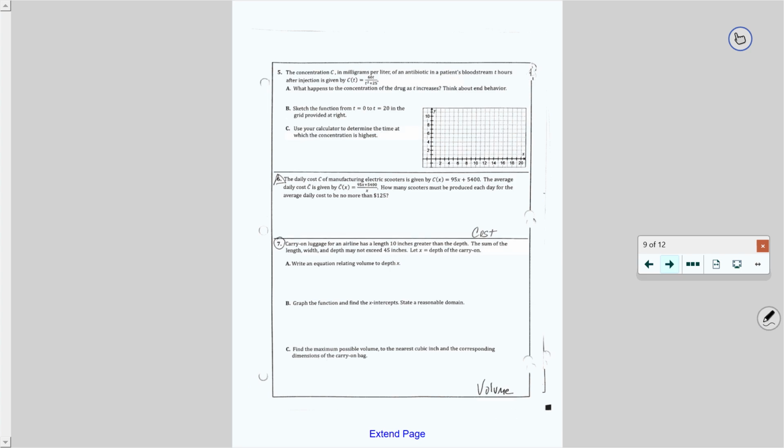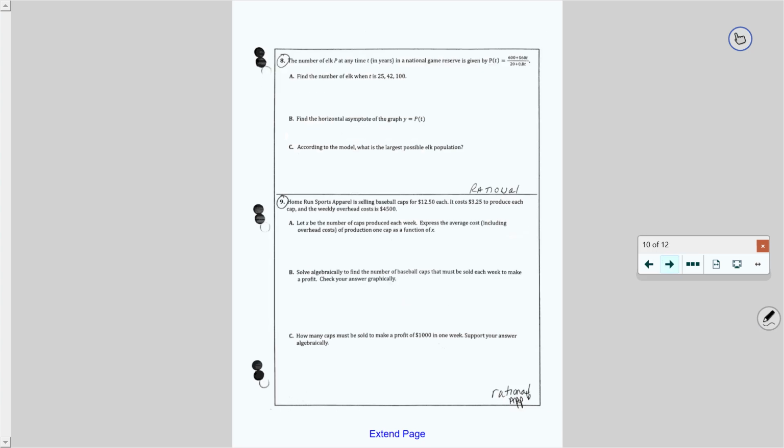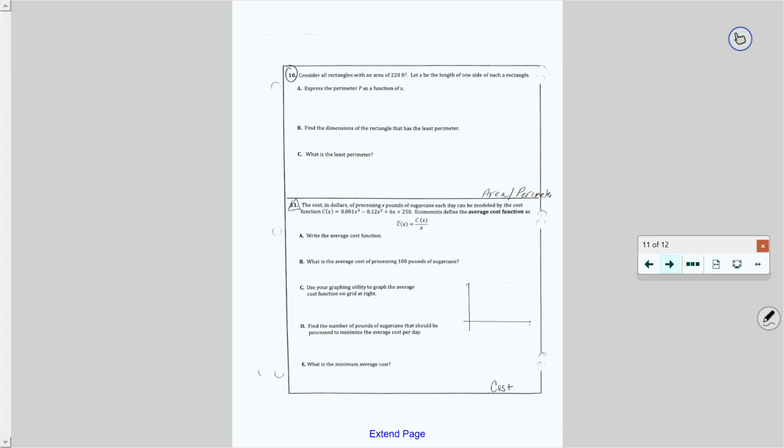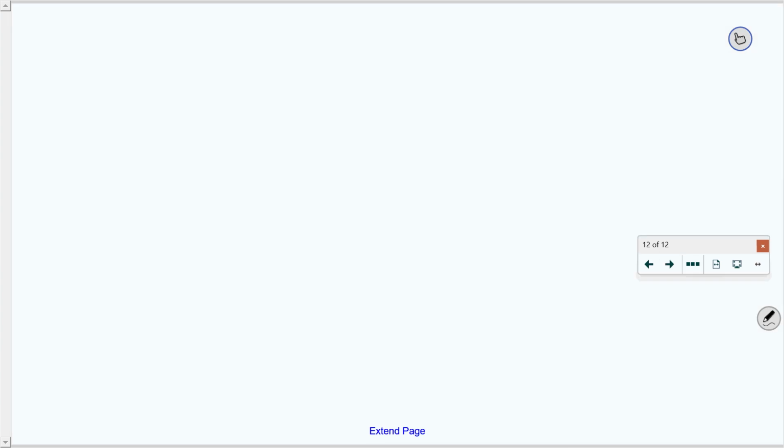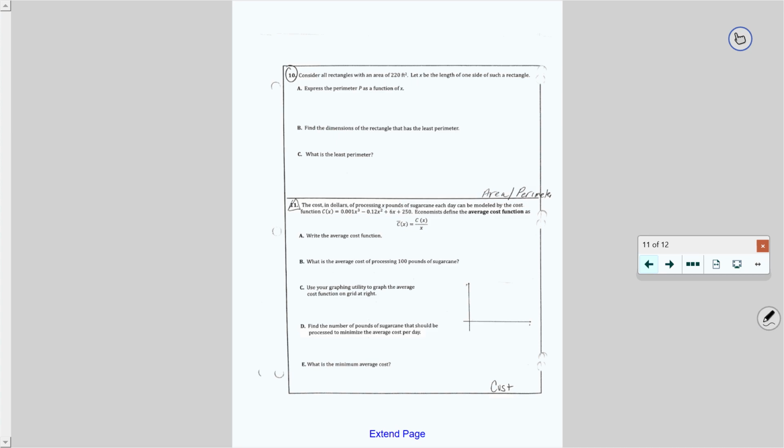So you're just taking the cost and dividing it by how many items. And then 11, another average cost. I think that was it, right? Yep. So any of those last 3 or 4 triangles that you'd like to do? 11, yeah.